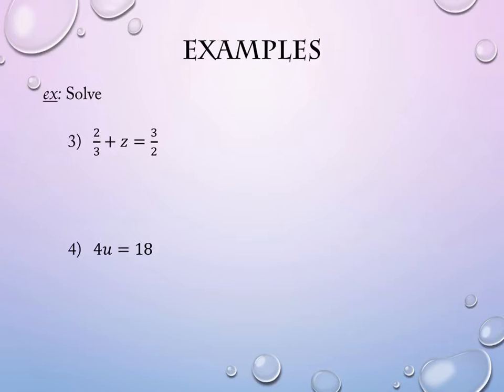What is the opposite of addition? Subtraction. So the way that we are going to undo or move the 2/3 is using subtraction. Now, on the left-hand side, of course, this is 0, right? That's why we chose it, and we're left with the value of z. Over on the right-hand side, and I'll just do a little scratch work off the side, we have 3/2 minus 2/3.